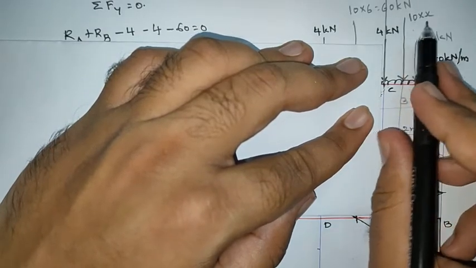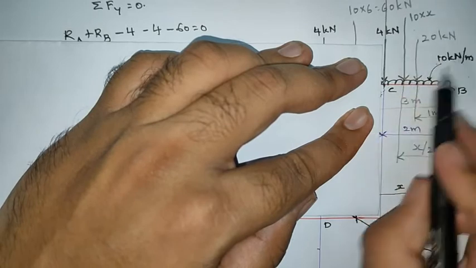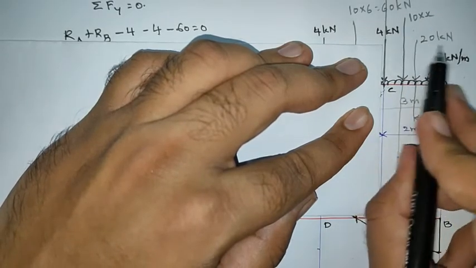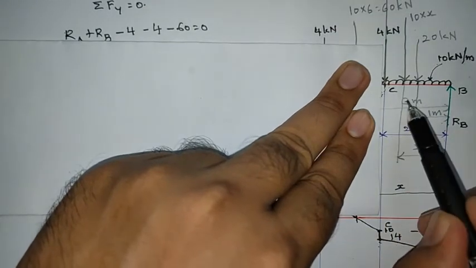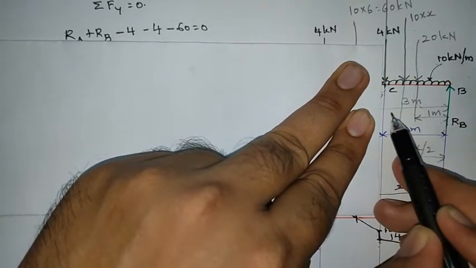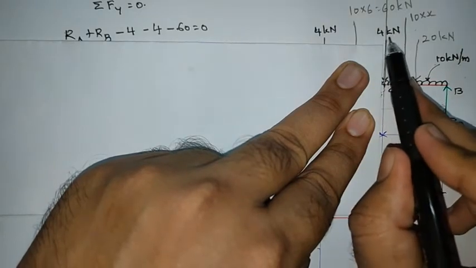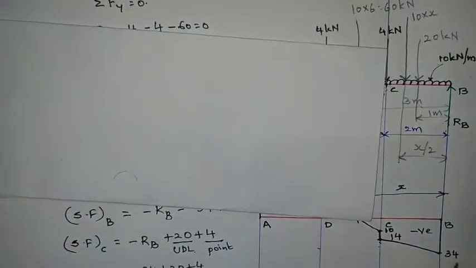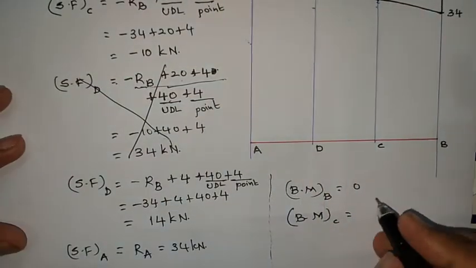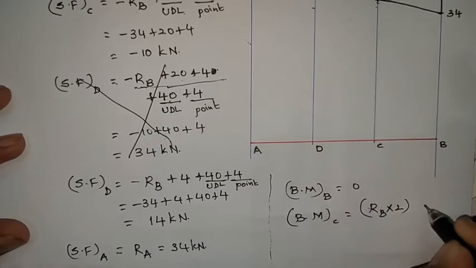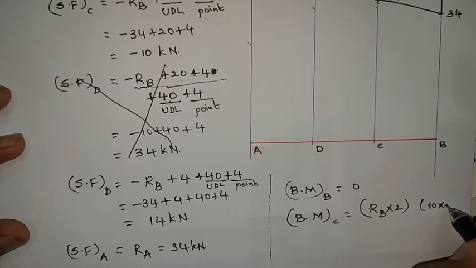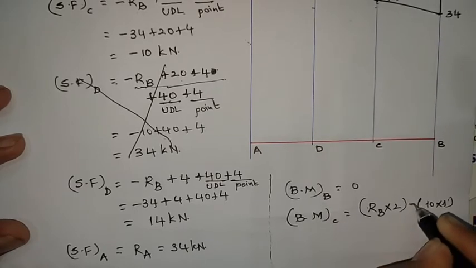Now this 10x is not there. This small UDL we have already converted into 20 kilonewtons. So RB into 2, 20 into 1, right? Next 4 kilonewtons moment is 0. So now write them. RB into 2, next 20 into 1, it is minus.